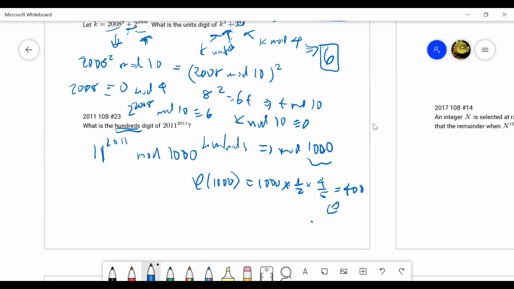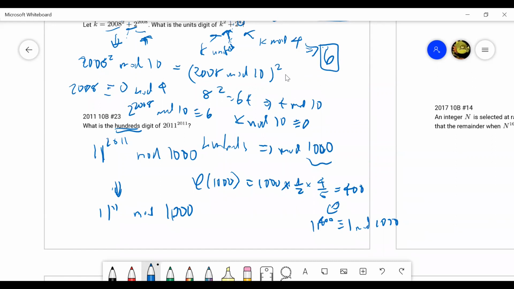So what that says is that 11 to the 400 is equal to 1 mod 1000. And since 2011 is greater than 400, we can take that mod 400 to get an equivalent value. So then this just becomes 11 to the 11 mod 1000.